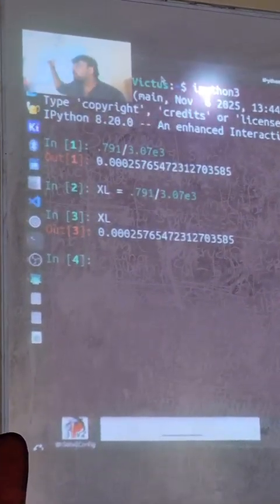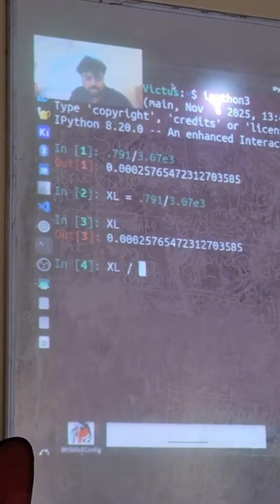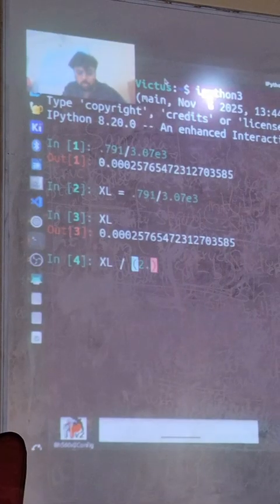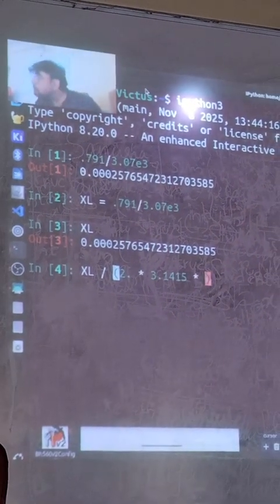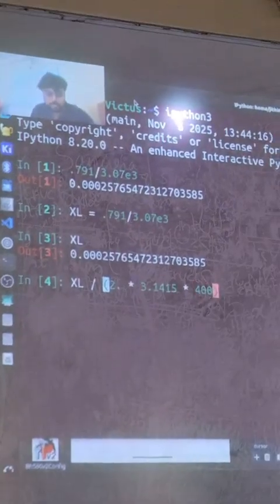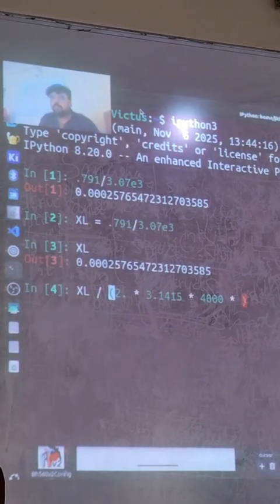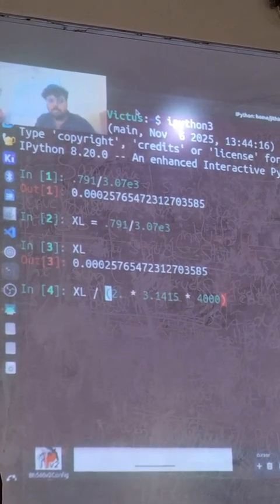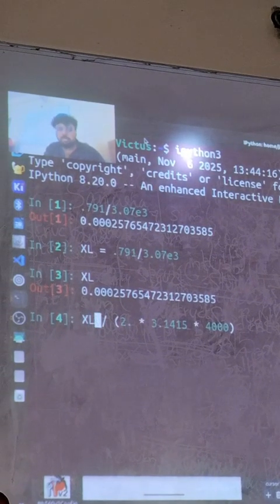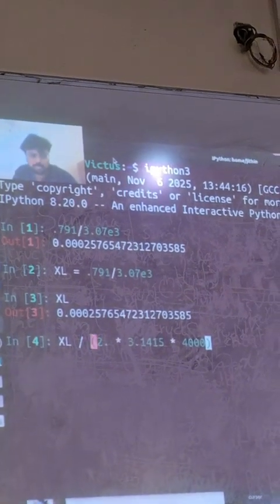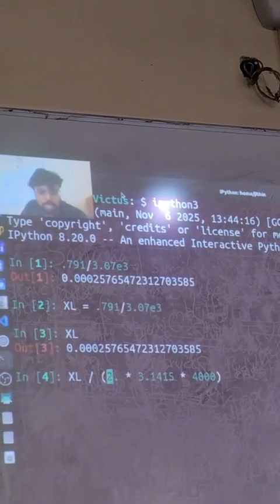Now XL is equal to 2 pi F into L. So L is equal to XL by 2 pi F. So XL by 2 into pi into frequency. What is frequency?